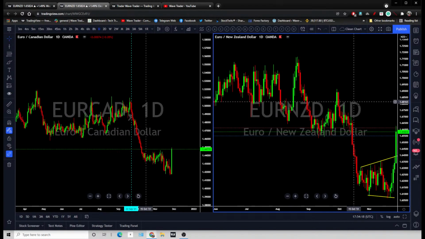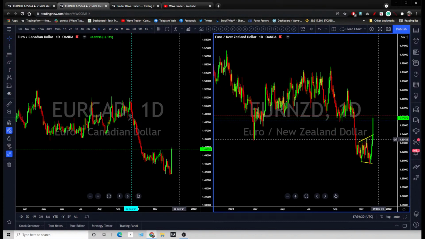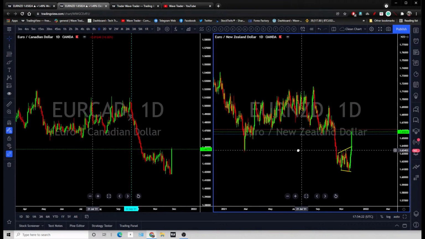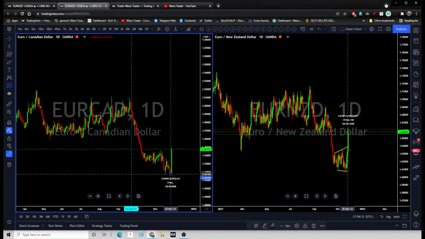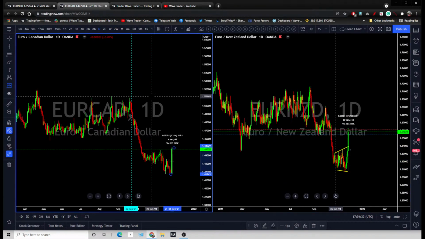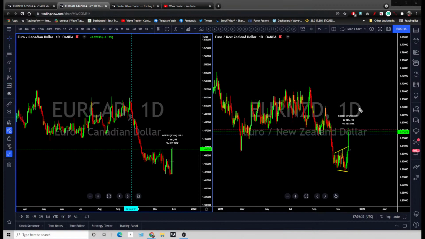Let me look at it in a different way. Euro has gained against the New Zealand dollar from almost 3.40 to almost 2.25. Or a 500 pip move we have seen over there. Or we have just seen a 300 pip move over there.